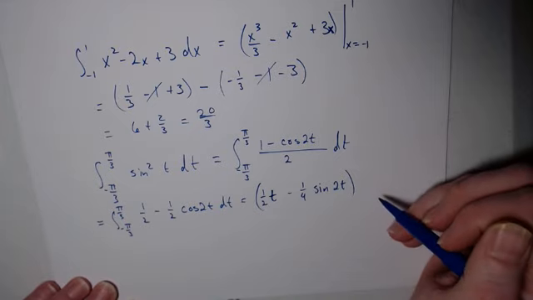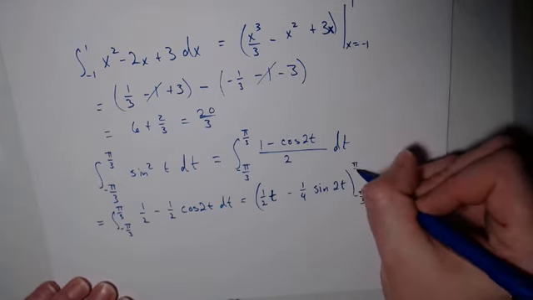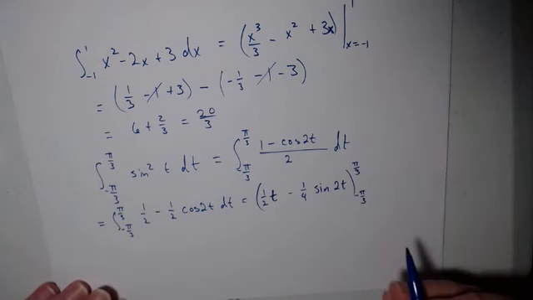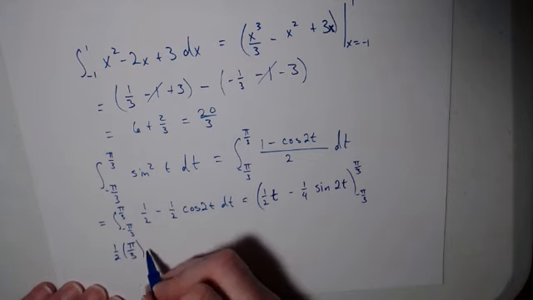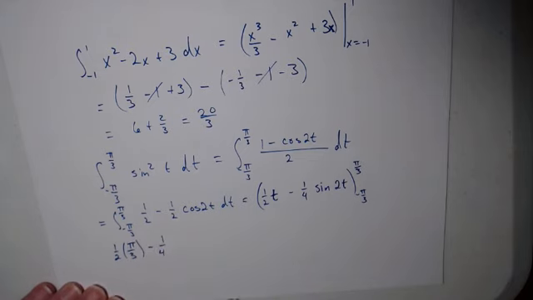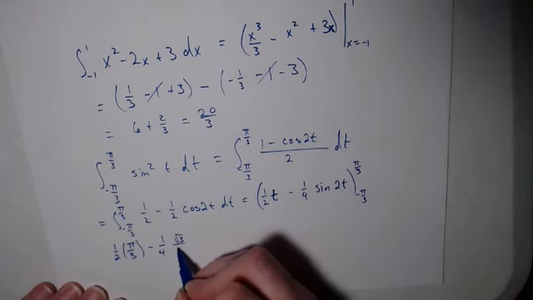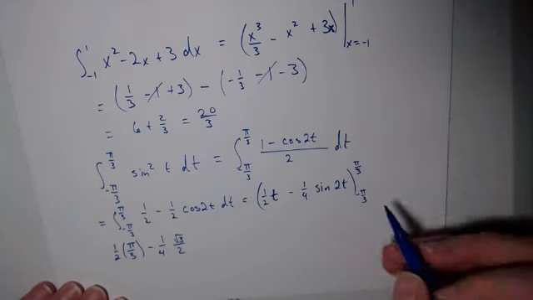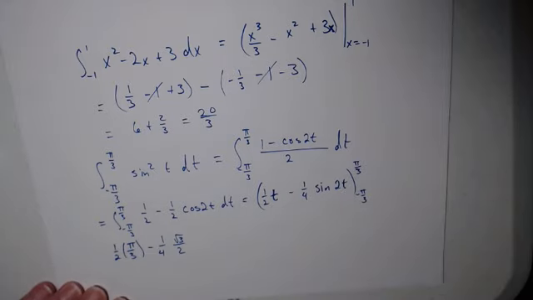We need to evaluate that from negative pi over 3 to pi over 3. So we get 1/2 pi over 3 minus 1/4. Sine of pi over 3 is root 3 over 2. Oh, sorry, it's 2 pi over 3, which is still root 3 over 2.